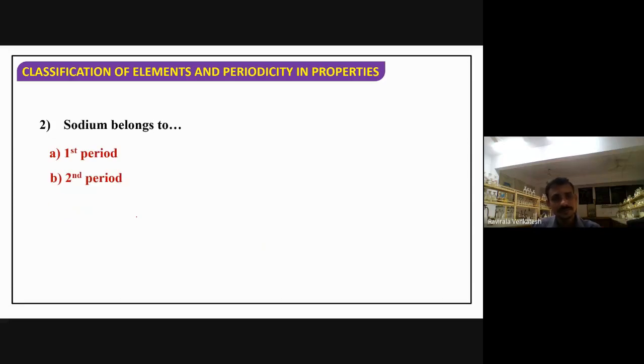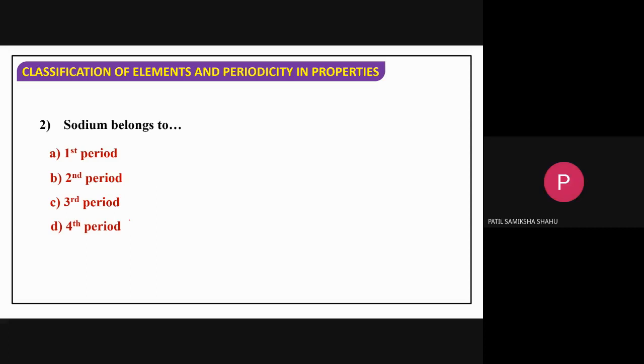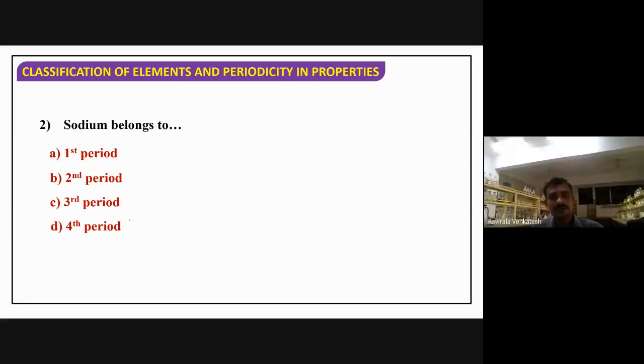The element belongs to which period? Third period. Listen, I will explain how to make the answer. First you write the sodium configuration. Atomic number 11. So start from 1s2, 2s2, 2p6.